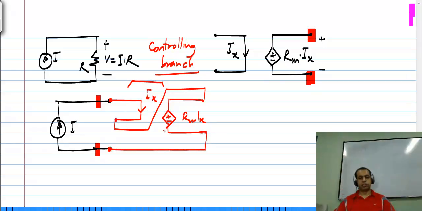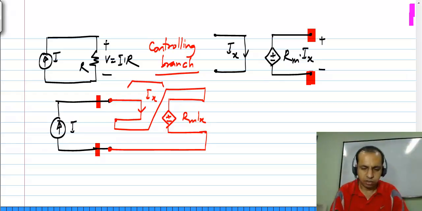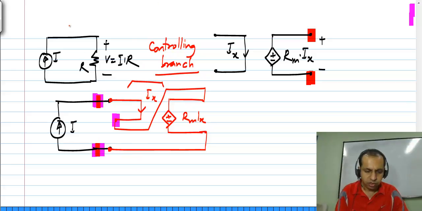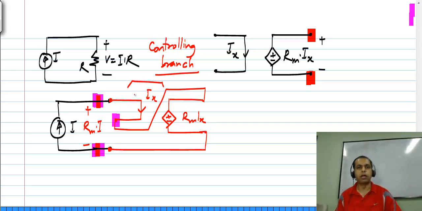Now this schematic looks unnecessarily complicated, but that shows the thought process, right? I sense the current and then I have this voltage which is proportional to the current. So I place it in series with this branch, which is a short circuit, so that across these two terminals, now I have a voltage which is Rm times Ix, which is equal to I.